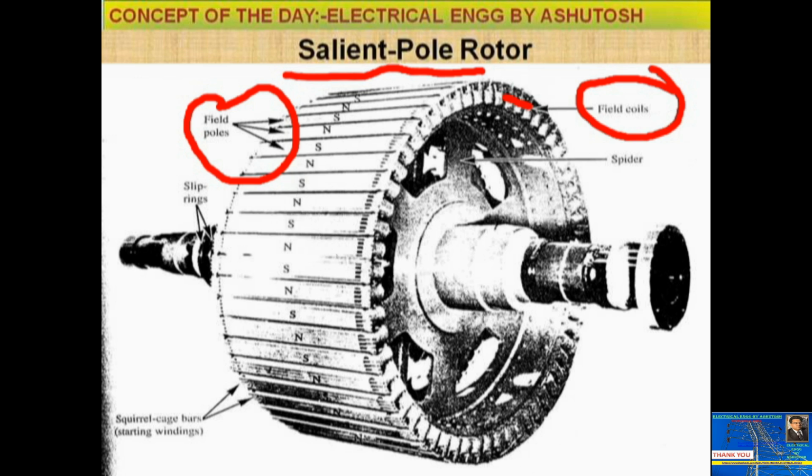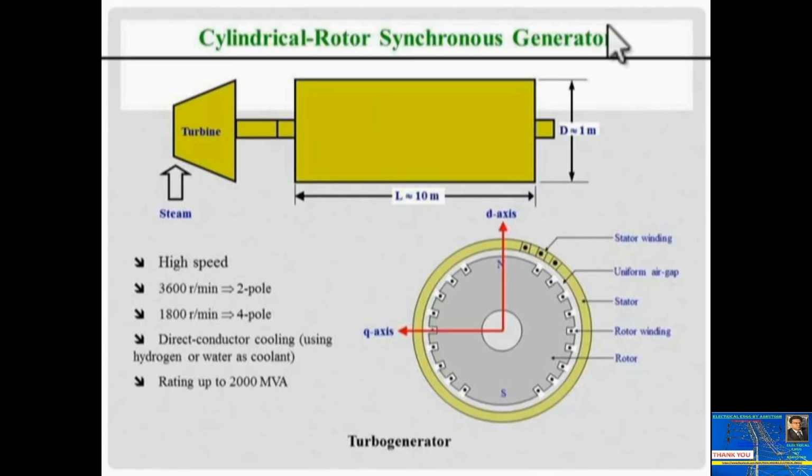So the diameter is large in the salient pole rotor. But in the case of the cylindrical rotor, you can see the axial length is larger. The axial length is L equal to 10 meters as per this picture, but the diameter D is only 1 meter.